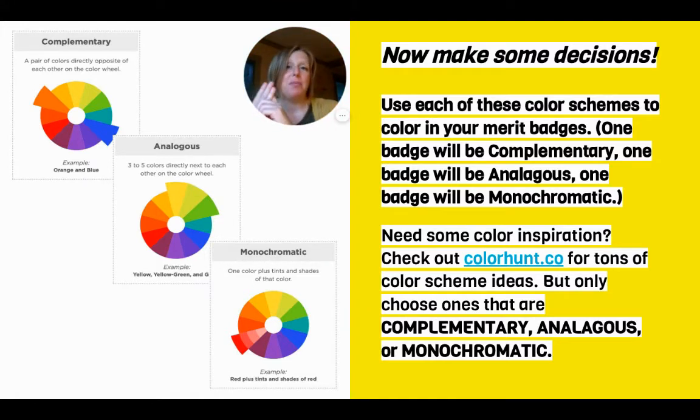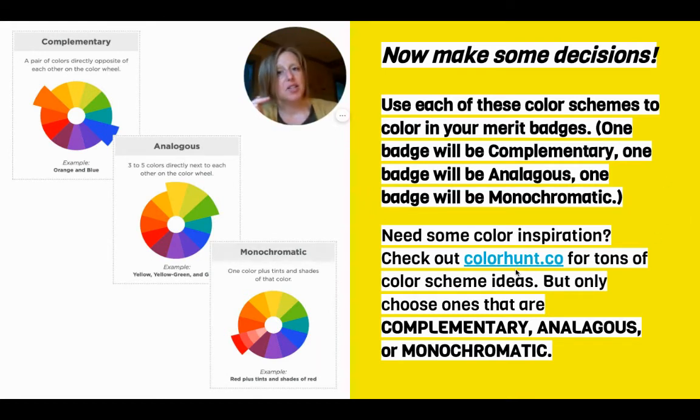And the third badge will be a monochromatic color scheme. If you have more than 3, your extras, whatever you want, totally fine. All right, but you need to have at least one that's complementary, at least one that's analogous, and at least one that's monochromatic.